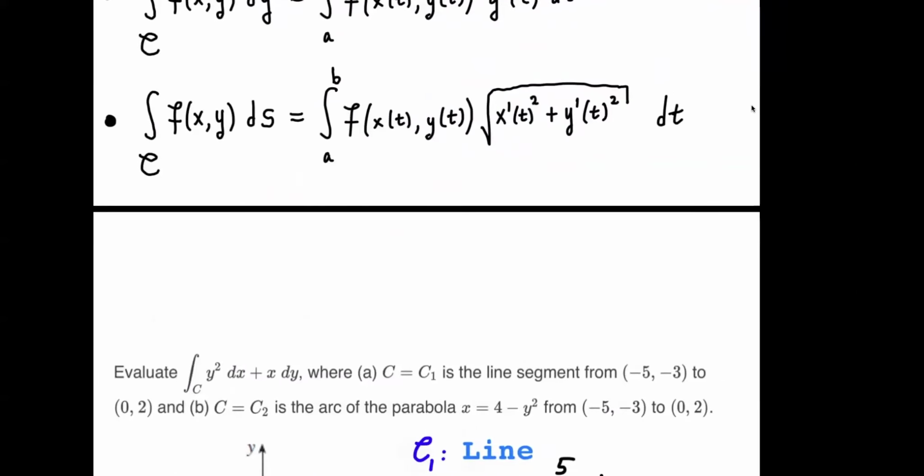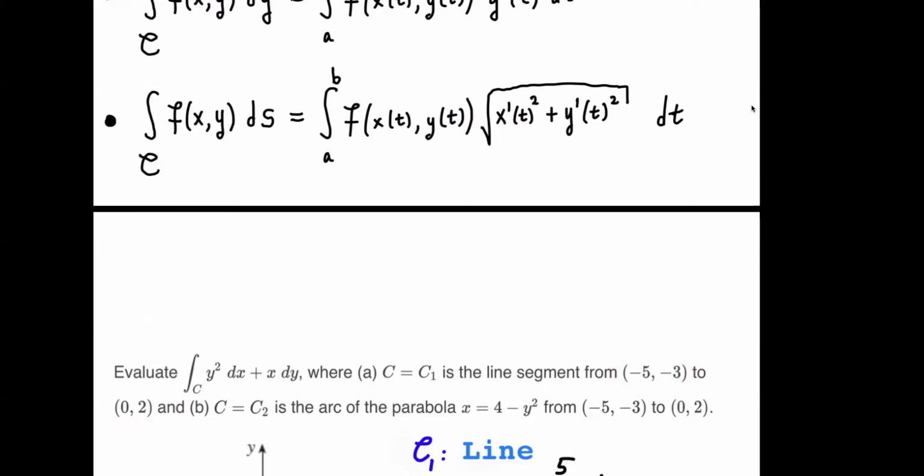So here's an example which illustrates this. Here we want to do an integral over some space curve, y squared dx plus x dy. And we'll look at two different possibilities. In the first case, C is a line segment from the point -5, -3 to the point 0, 2.